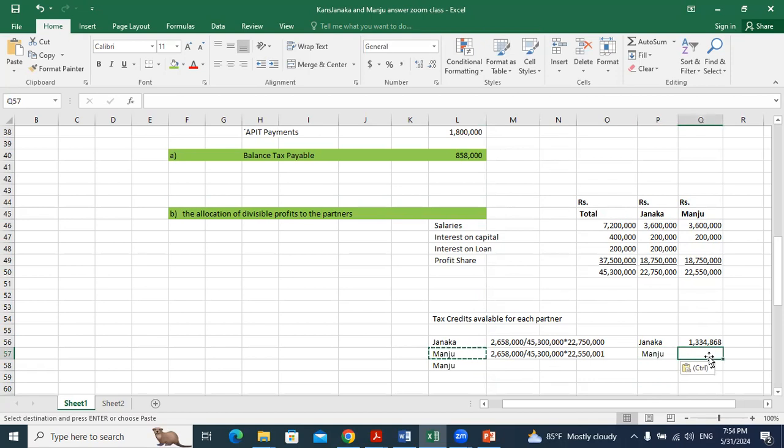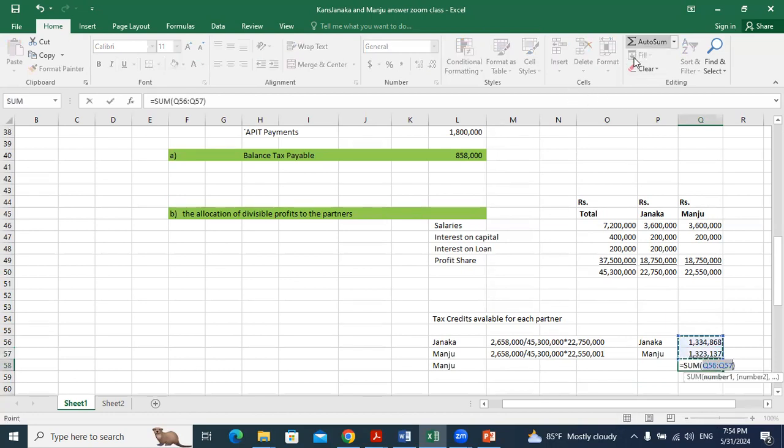So we get 1,323,137. I have the answer with me. Get the total, 2,658,000. There is 5 rupees also. You can forget this 5 rupees.